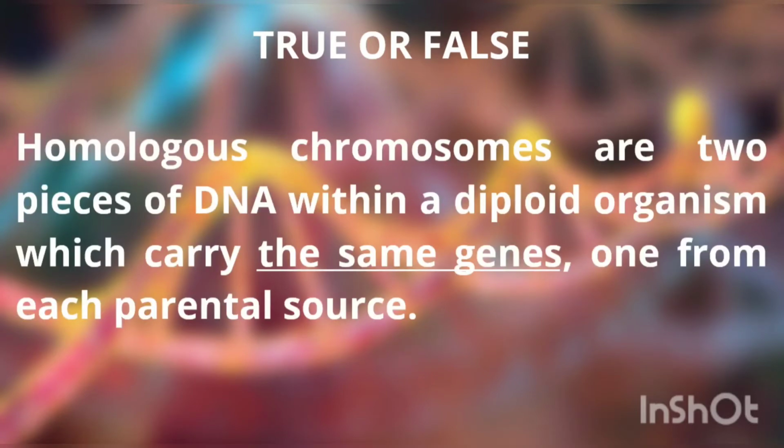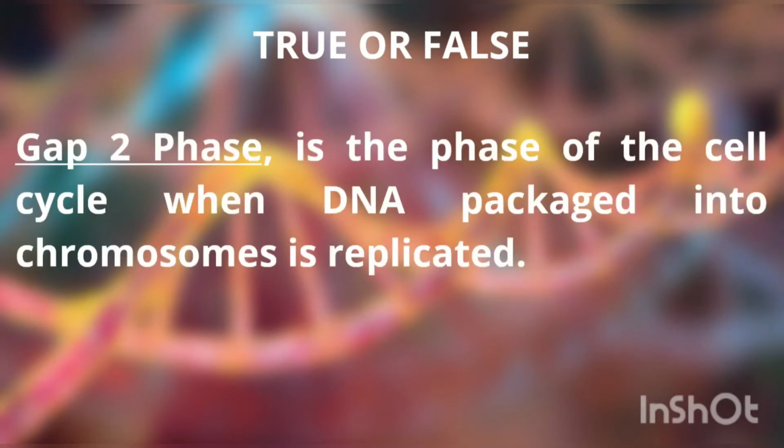Next, we have: homologous chromosomes are 2 pieces of DNA within a diploid organism which carry the same genes, one from each parental source. The answer is true. And G2 phase is the phase of the cell cycle when DNA packaged into chromosomes is replicated.